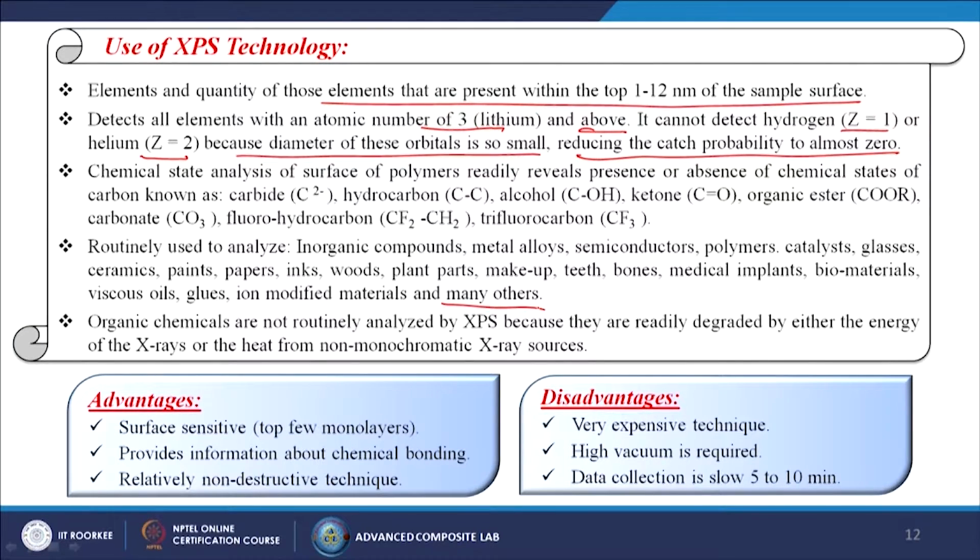Organic chemicals are not routinely analyzed by XPS because they are readily degraded by either the energy of the X-rays or the heat from non-monochromatic X-ray sources.